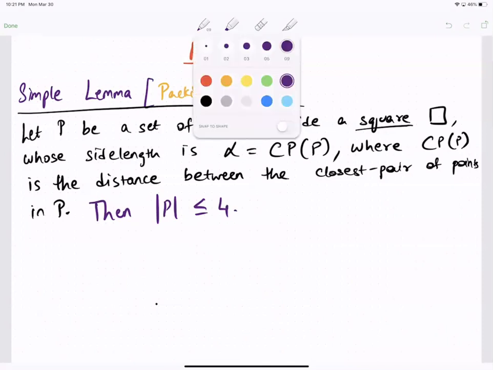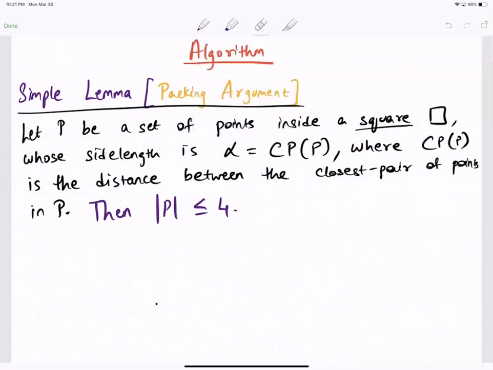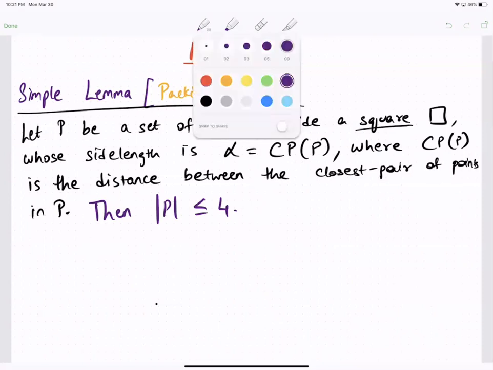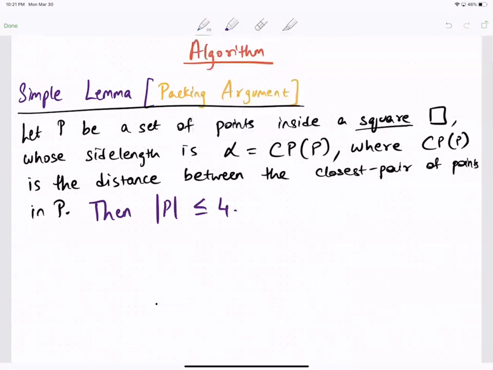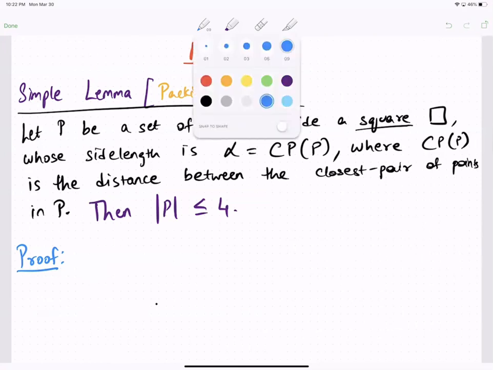If you pay a little bit of attention, you can see why this statement is true. It's not very difficult to prove, but let me provide the details here. What we mean is that the side length of the square is not too large. The side length is the closest pair of points, so that basically means you cannot pack too many points inside the square. Let's make that more rigorous.